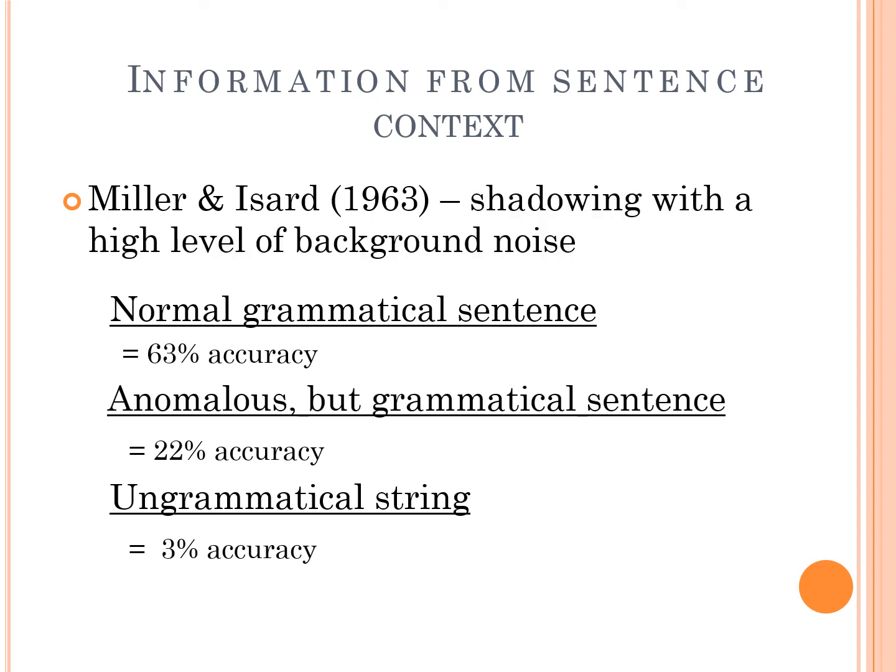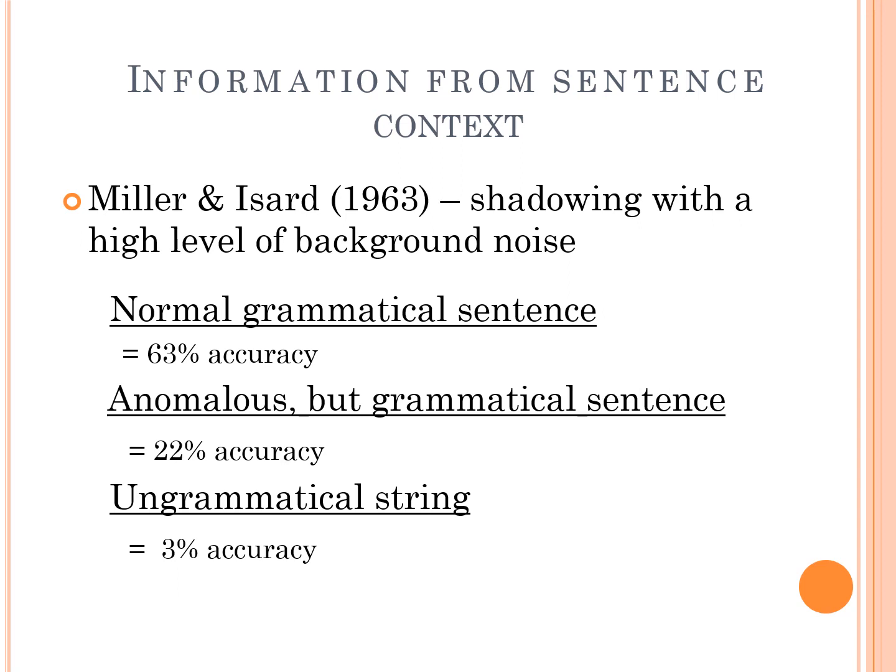What's even more telling is when they had participants shadow with a high level of background noise. There's this sound going on, and they're trying to hear the sentences and still just repeat exactly what the sentences say. For normal grammatical sentences, this brings the accuracy down to 63%. For sentences that do not make sense semantically but are grammatical, they were doing very poorly at 22%.